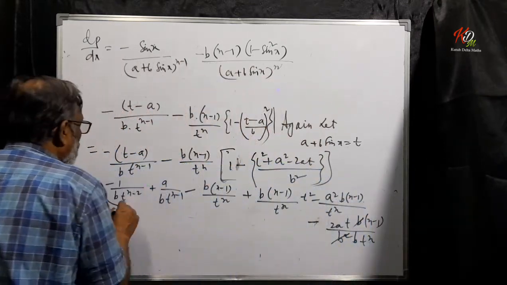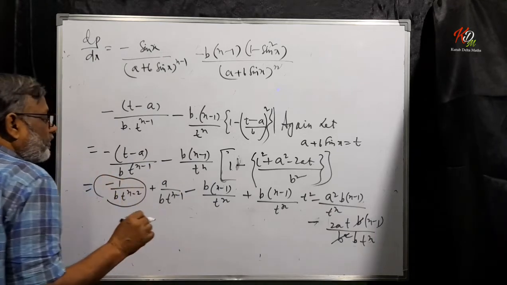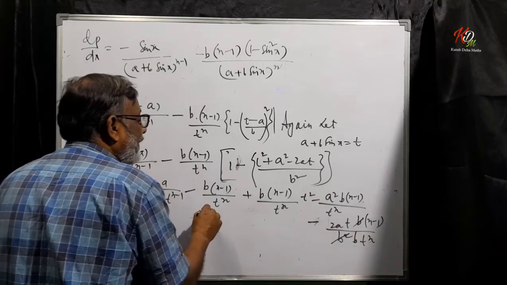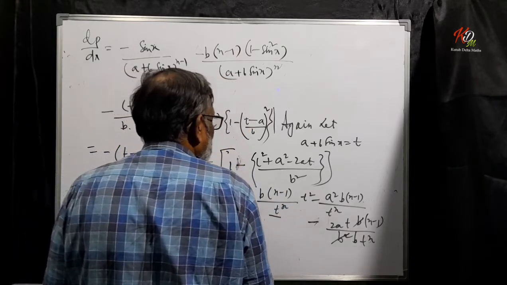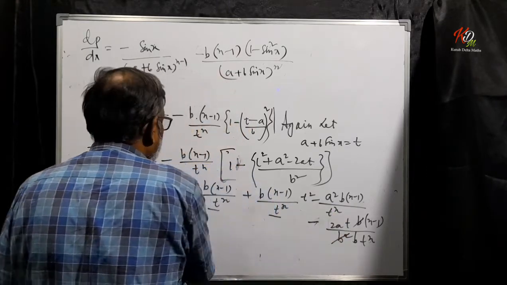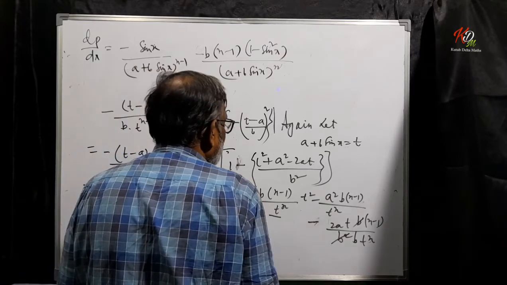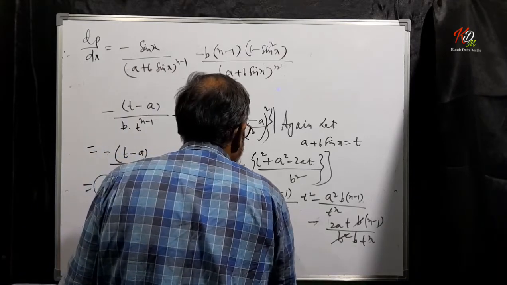Now putting the values, here t to the power n, here t to the power n, and here t to the power n minus 2, t to the power n minus 1, easily t to the power n.